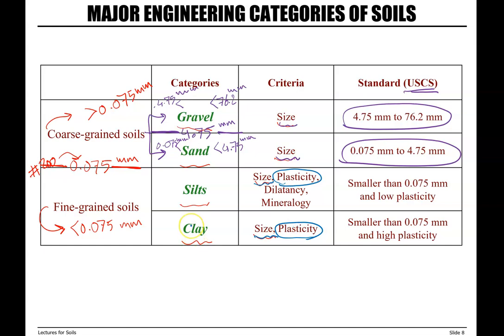So silt and clay are materials smaller than 0.075 millimeter. But now what is important for us is plasticity. Silt is material with low plasticity, and clay is material with high plasticity.